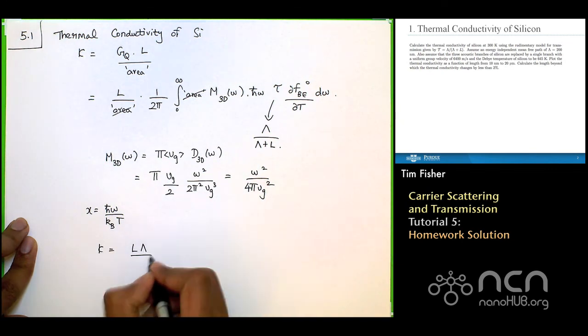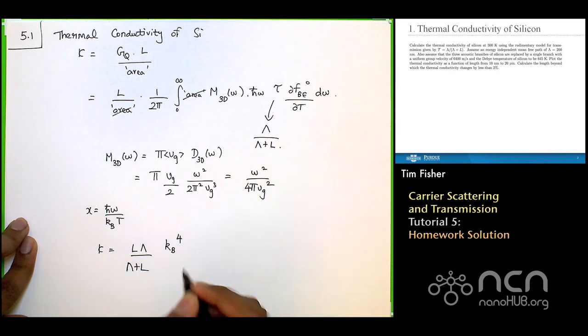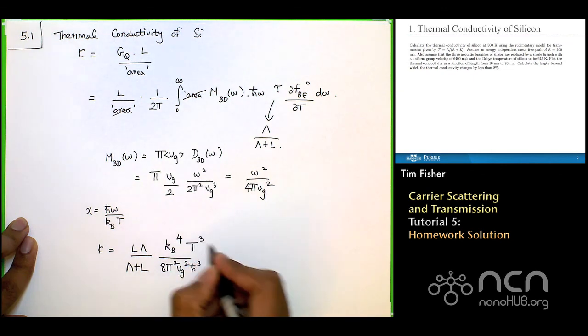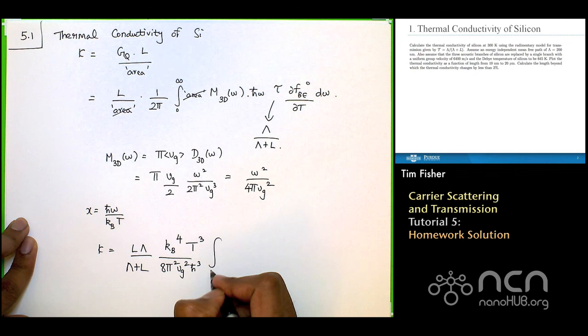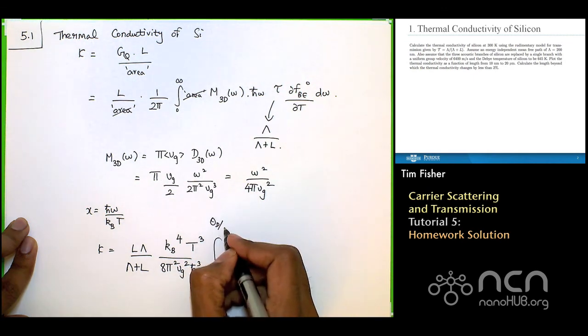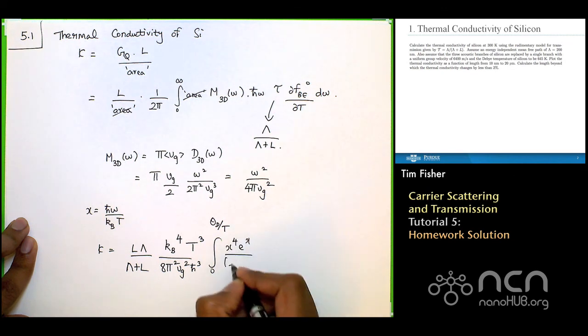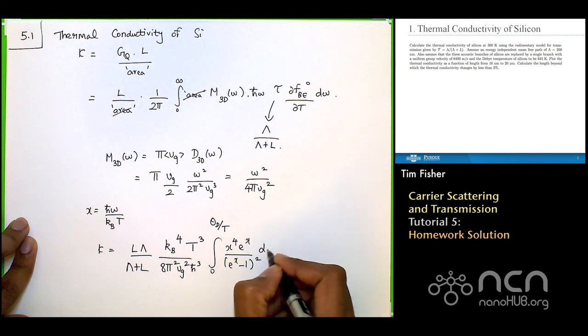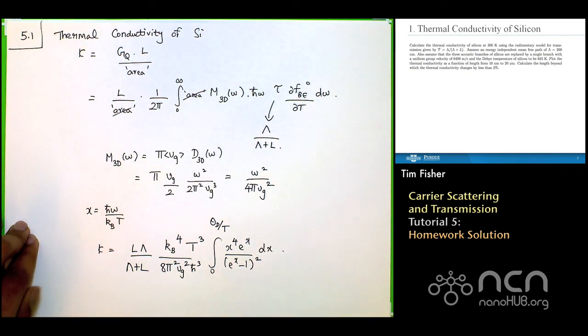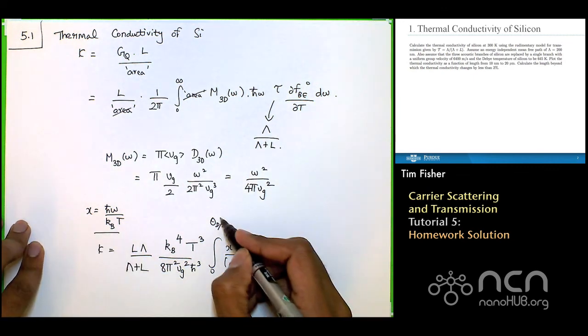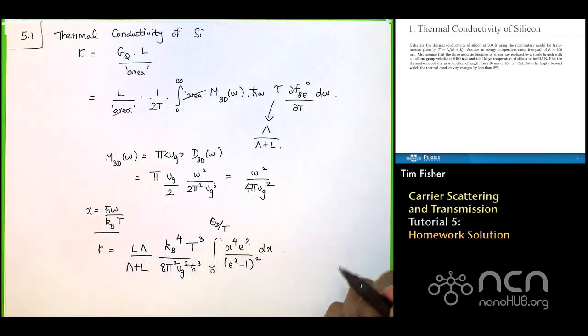It's given by first the terms that depend on length, and then a set of fundamental constants kB power 4 by 8 pi square Vg square h bar cube, and then the temperature dependence which goes as T cube, and then the integral from 0 to the Debye temperature normalized by the temperature T of x power 4 e power x by e power x minus 1 the whole square dx, where x is the non-dimensional frequency as defined over here. And theta D is the Debye temperature of silicon in this case.